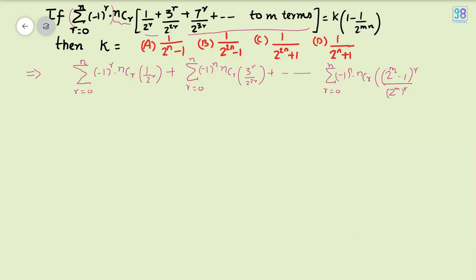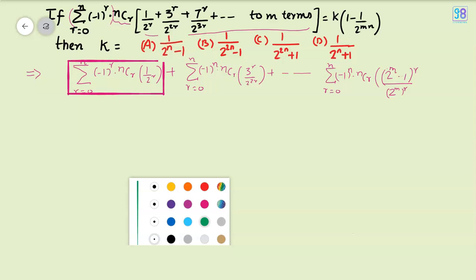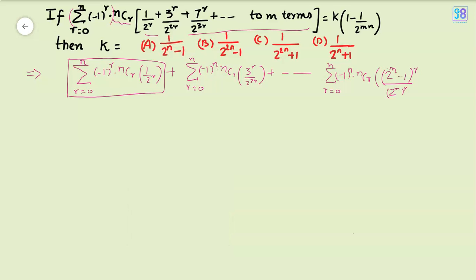Now if we focus on any one of these sigmas, such as this one, and try to expand it and write out the terms involved, you'll observe that this particular thing will expand as nC0 minus nC1 times half plus nC2 times 1 by 2 squared, and so on till we reach minus 1 to the power of n times nCn times 1 by 2 to the power of n.